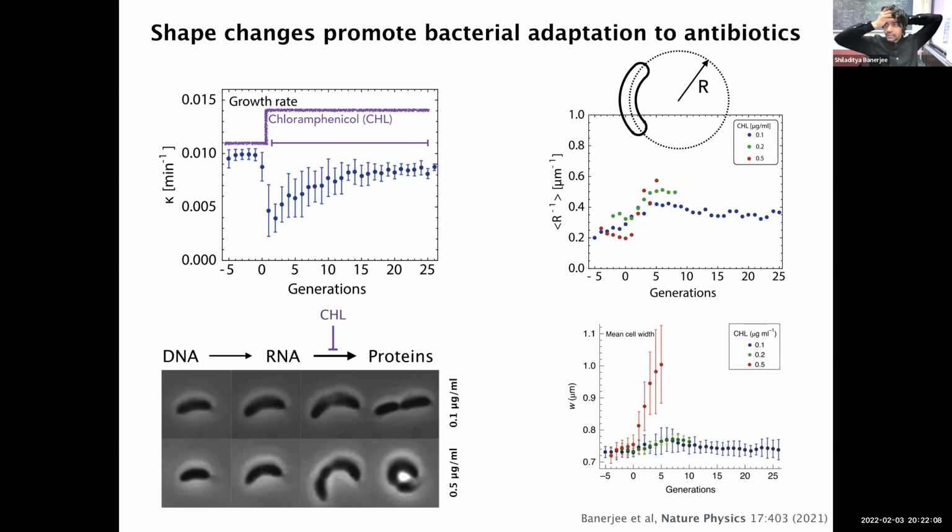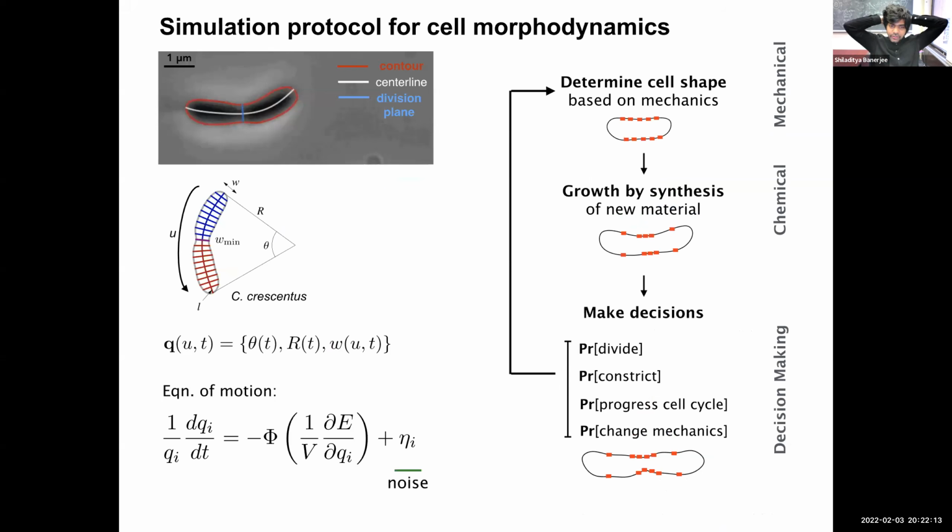I'll walk through the model briefly. Over the past few years, we have been working on a model to predict the time evolution of living systems. The idea is very simple, inspired by classical mechanics. In classical mechanics, you look at a system, you talk about generalized coordinates, and you write down Hamilton's equations for those generalized coordinates and momenta.